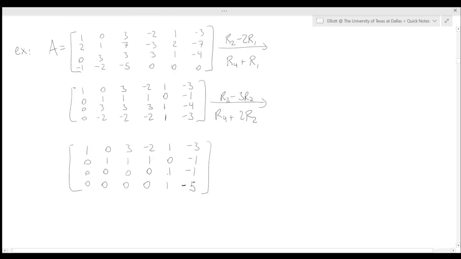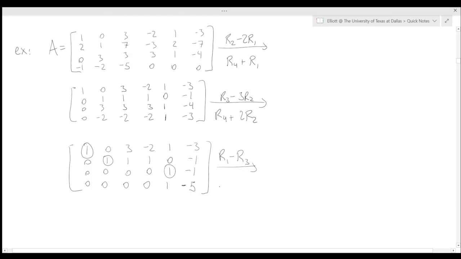All right, and so then next, here's my next pivot. So right now I'm just circling my pivots. And I need to get zeros beneath it, but also above it. So this time I'm going to have to do row 1 minus row 3 to eliminate this 1.